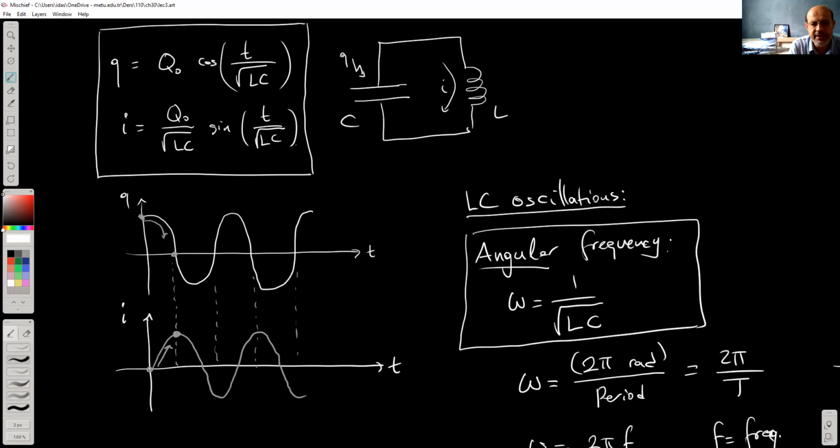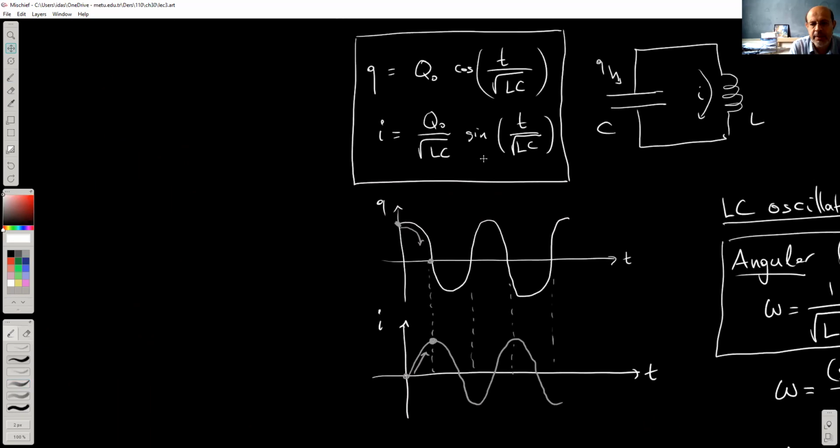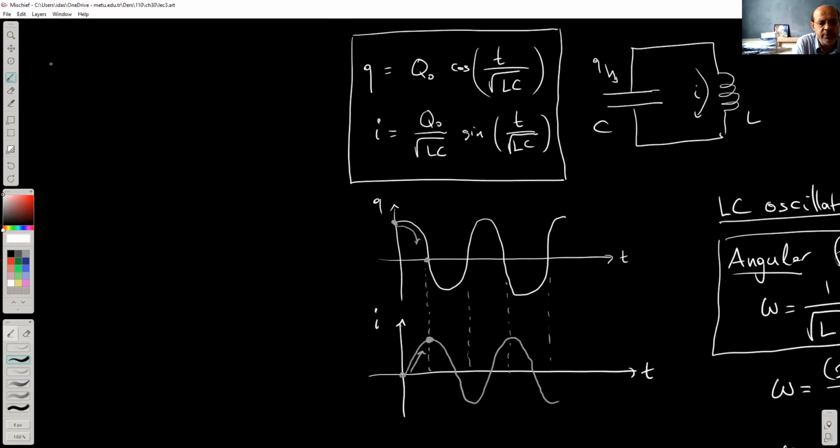I'm just going to write down the energy of the capacitor. So the energy of the capacitor is, Q is the charge on it, so this is 1/2 of Q squared divided by C. I'm just going to write down the expression for the charge here. So this is Q0 squared over 2C times cosine squared omega t.